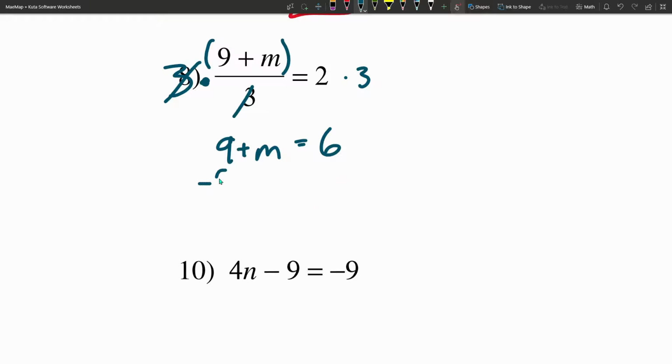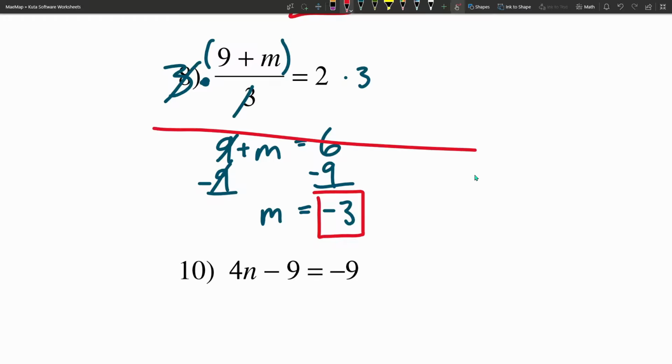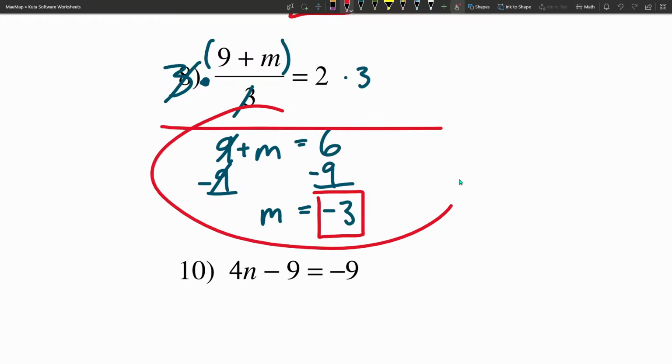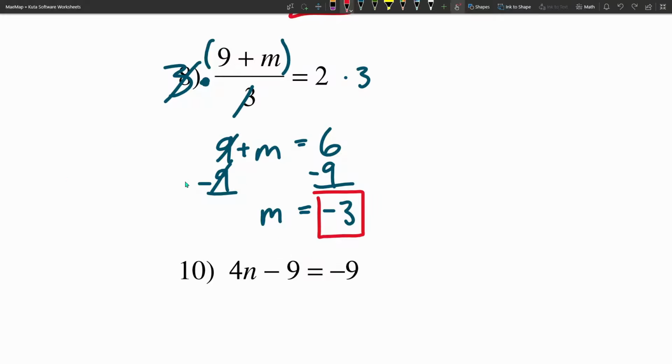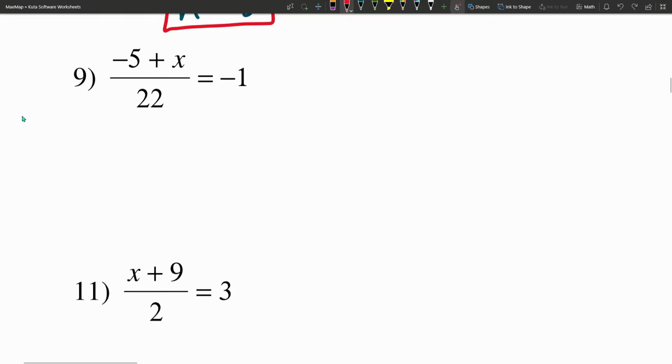One more step, subtract the 9 from both sides. 9 minus 9 is 0, plus m is m, and that's going to be equal to 6 minus 9, which is negative 3. So negative 3 is our solution for number 8. And again, once we do that first step, this one-step equation should just be a review. So if you still need help on that, go back to that previous worksheet that I went over. But for now, let's continue.